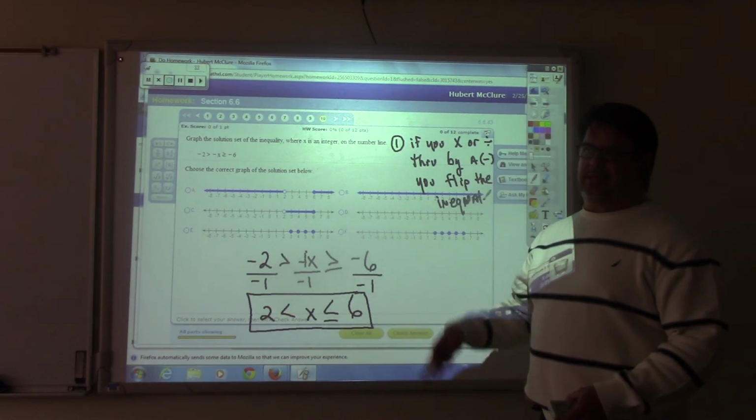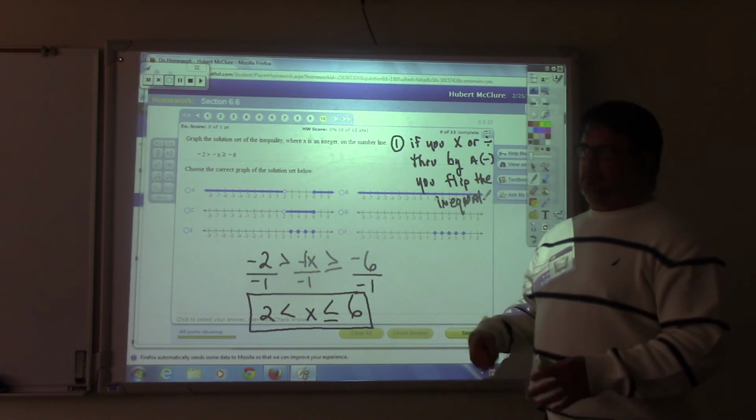And you flip them right at the last step. That's when you divide through. Right at the last step.